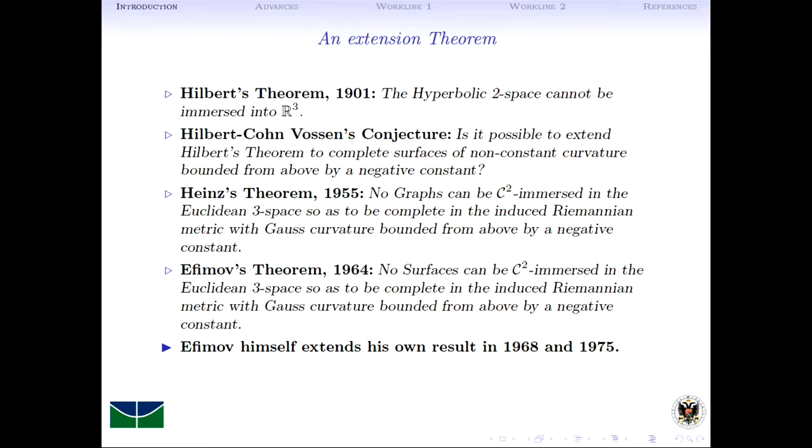Later on, I'm going to explain a little bit more. The result of 1975 of Efimov was improved one year later by Vorobeva. She proved that the half hyperbolic plane cannot be immersed with C2 smoothness.